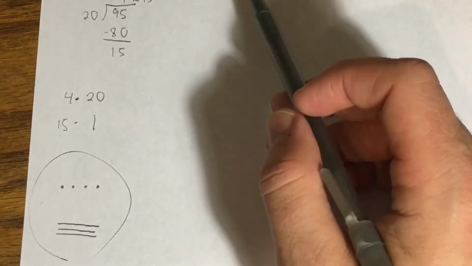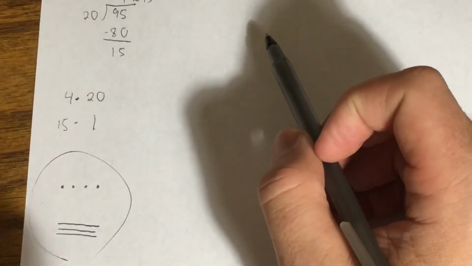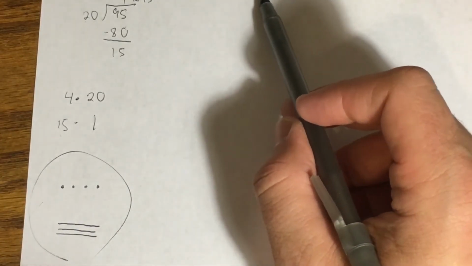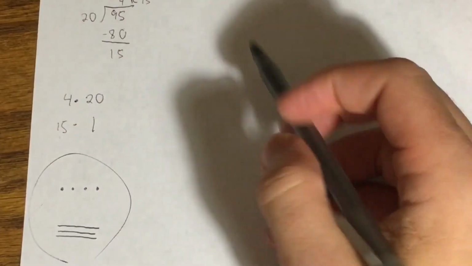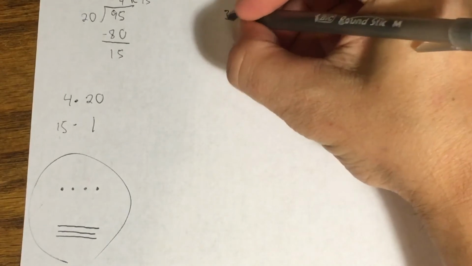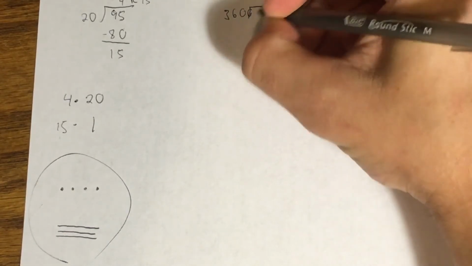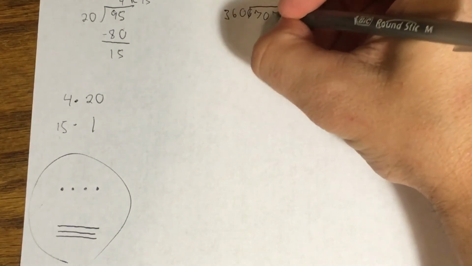707, that's the next one. So think through your place values. Ones place, 20s place, 360s place. 360 is big enough to fit into this number, and it's in fact the biggest of our place values that will still fit into that. So 360 into 707.